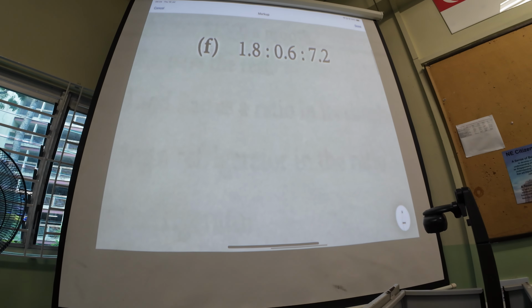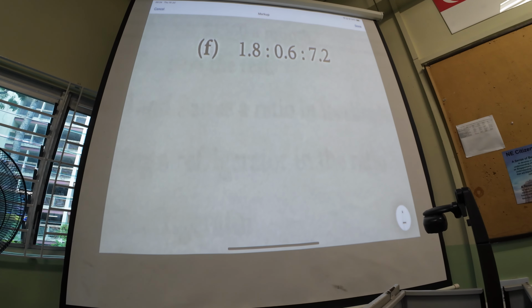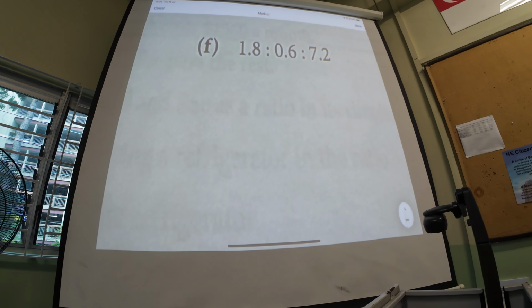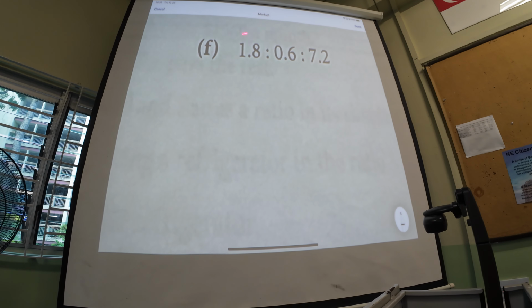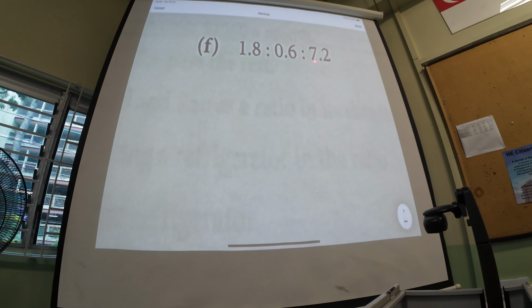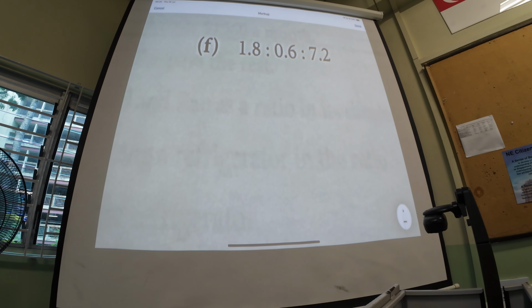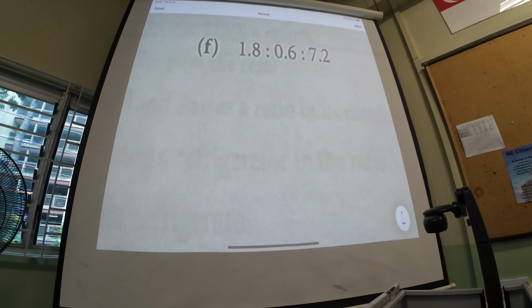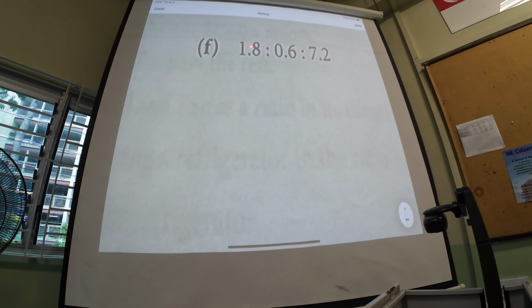Okay, so one more rule for ratio. Simplest form cannot have decimal, cannot have fraction. So in this case, there are decimals. If I don't want any decimal, fastest way is to multiply by 10 first.